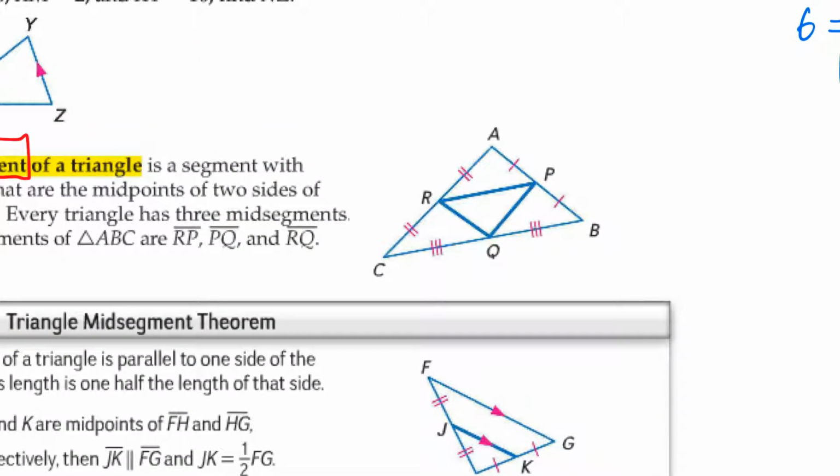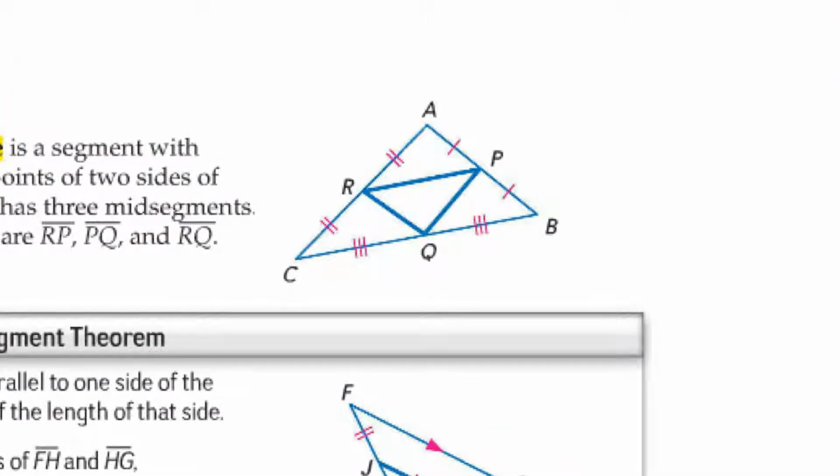Looking at the whole side AC, the midpoint is R. On the bottom, from C to B, the midpoint is Q. On side AB, P is the midpoint.